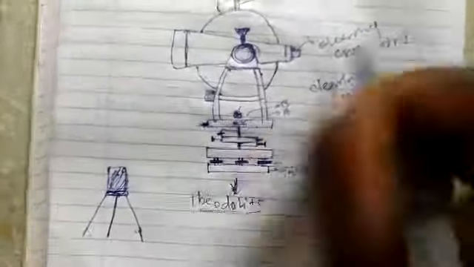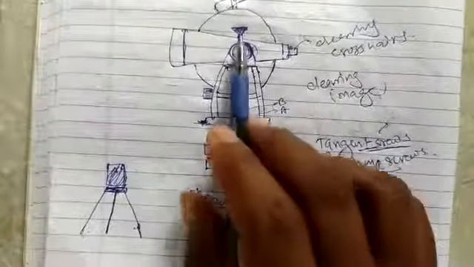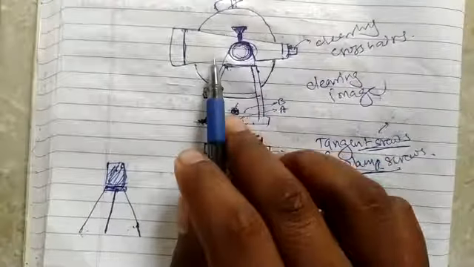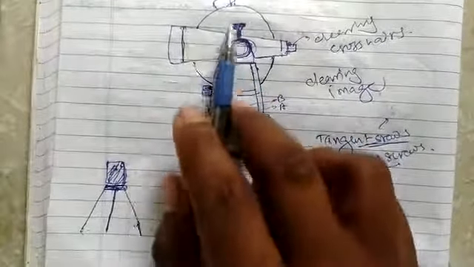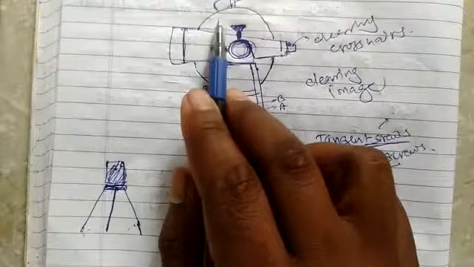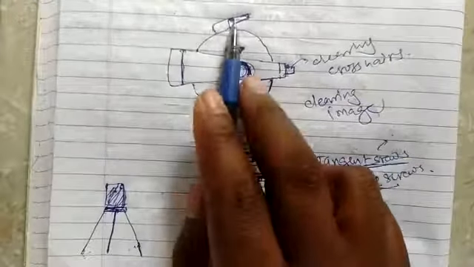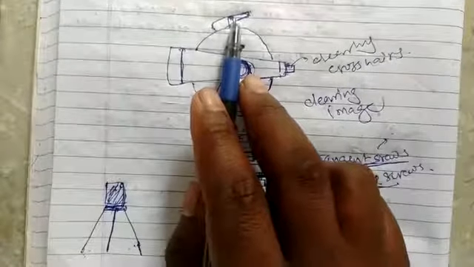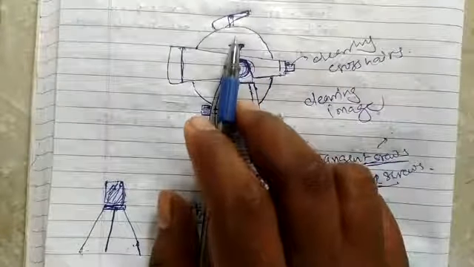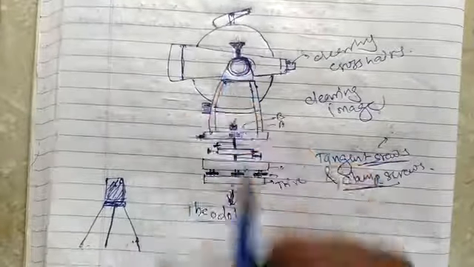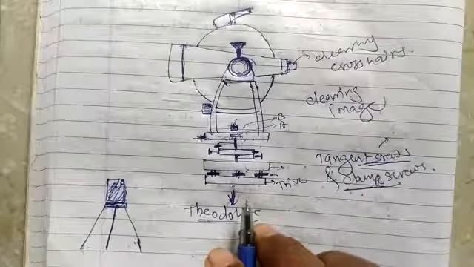Okay, this is clamp screw for vertical movement of this telescope. This is vertical circular plate which is used for measurement of vertical angles. This is the mirror glass which is given for reading the readings from vertical plate. So these are the components of theodolite.